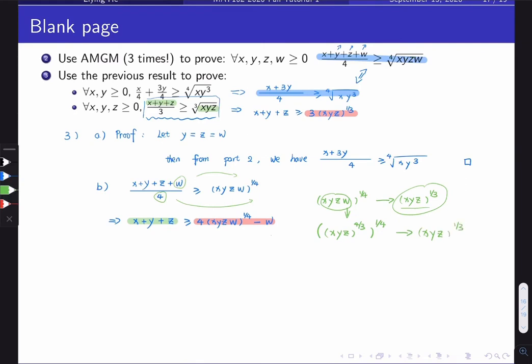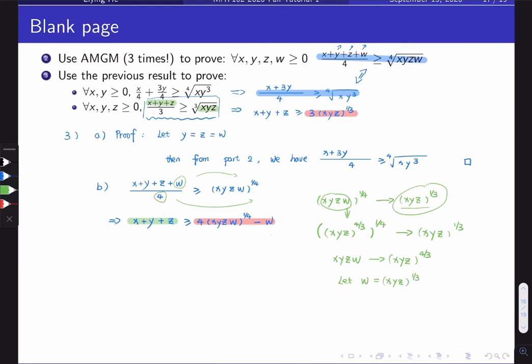If you realize that, you'll see that right now my goal is to turn xyzw into (xyz) to the power of 4 over 3. How do I do that? This should be simple already. We can let w be (xyz) to the power of 1 over 3.